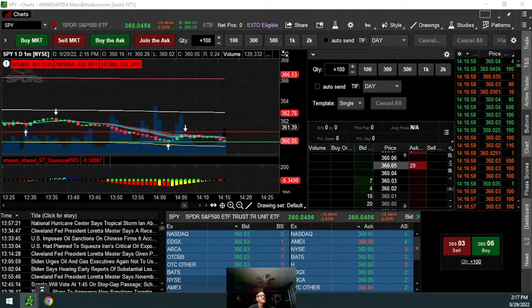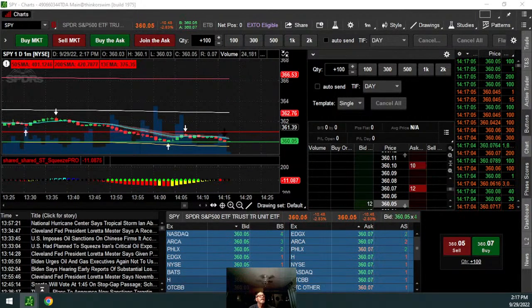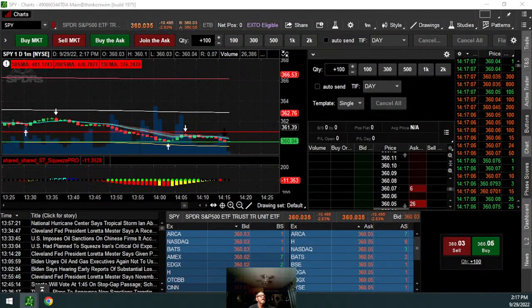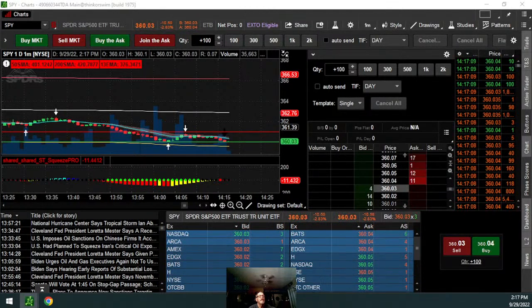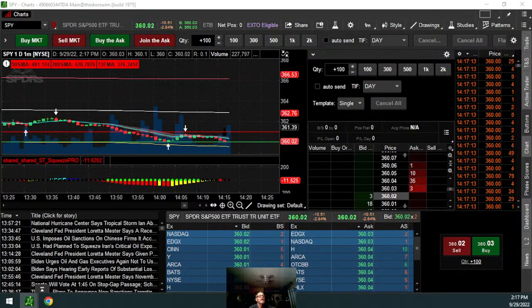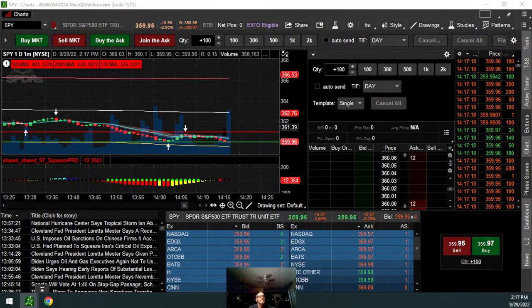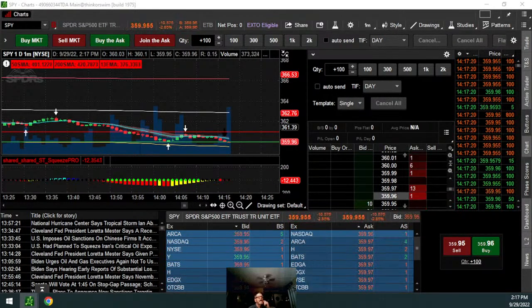Who wants to bet on this thing going down? What do you think? We gonna break? Not yet. We've got a 360. Okay. Wow. Look how close. Look how close. Anybody? Oh, there it is. 359.